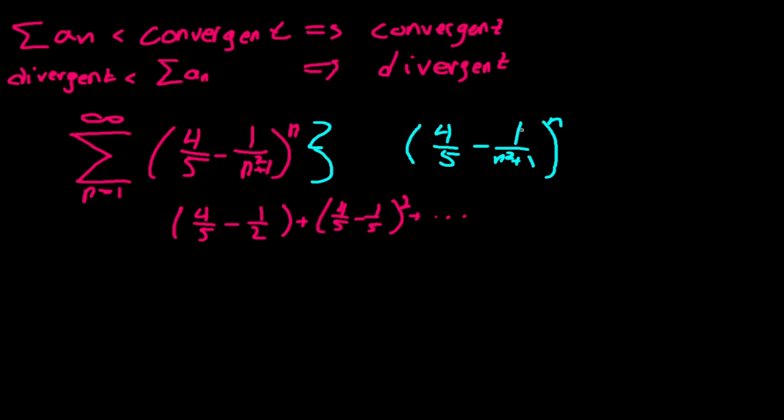For all values, 1 over n squared plus 1 is always bigger than 0. It's going to approach 0, but it's not going to reach 0. It's always bigger than 0.